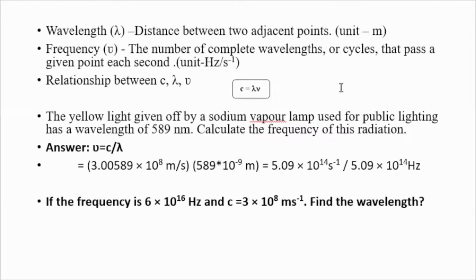Now they are asking for the wavelength, so we first make the wavelength the subject. Okay, some of you have done this correctly. Those who can't understand this time also, please let me know.